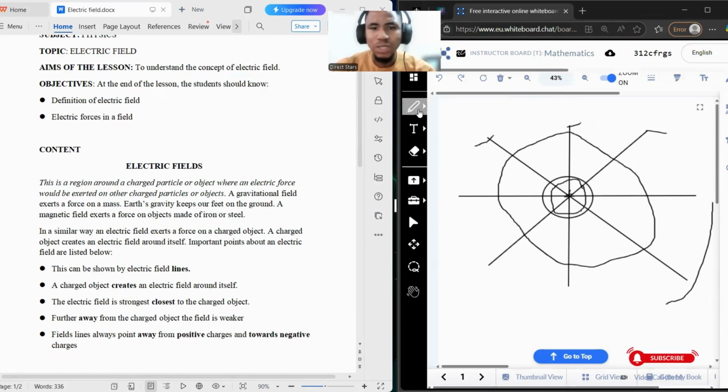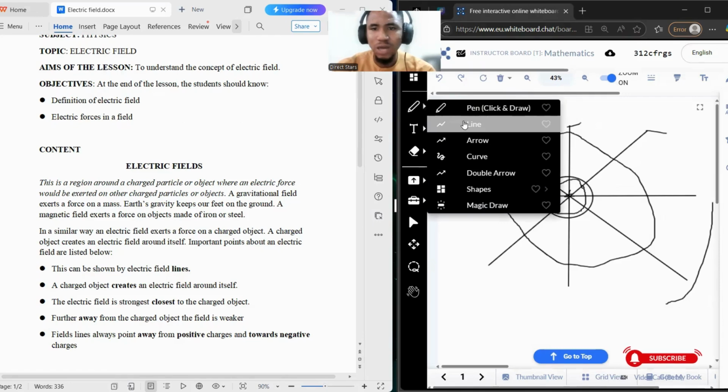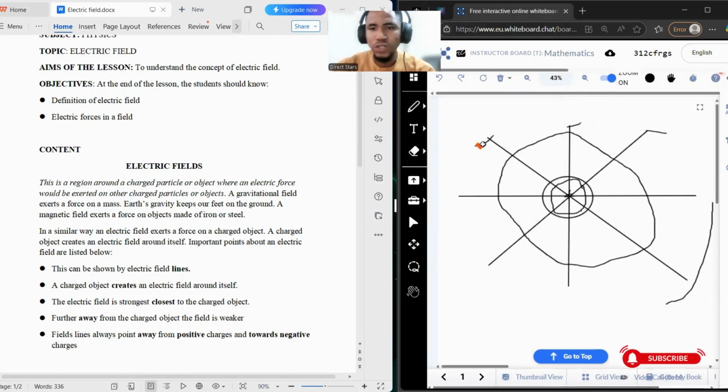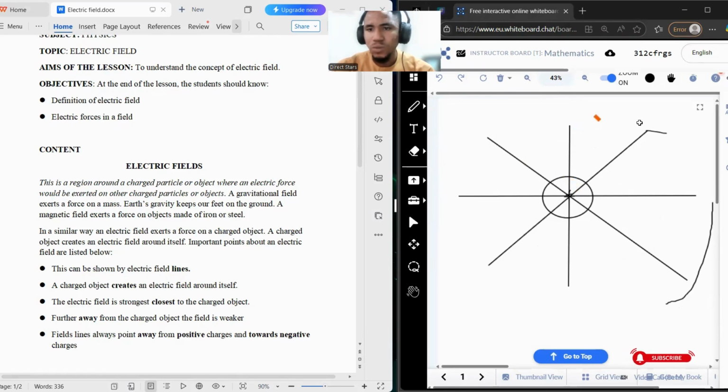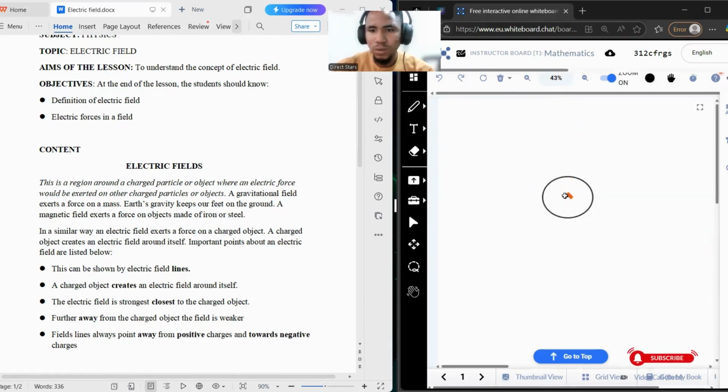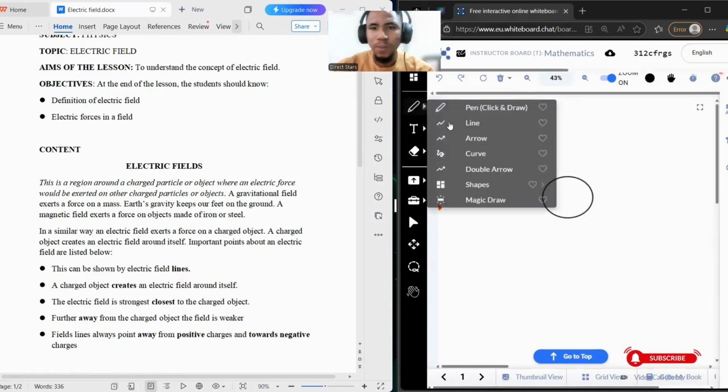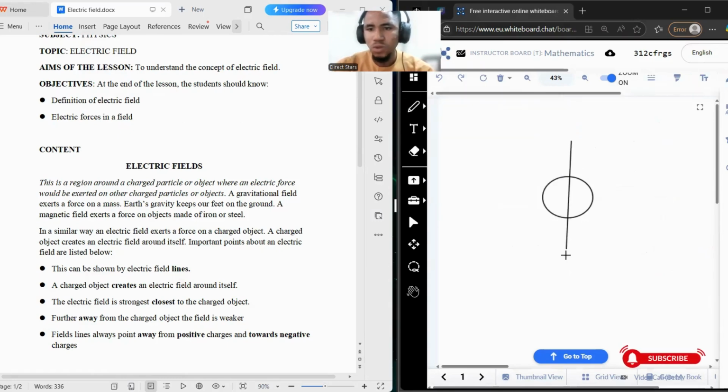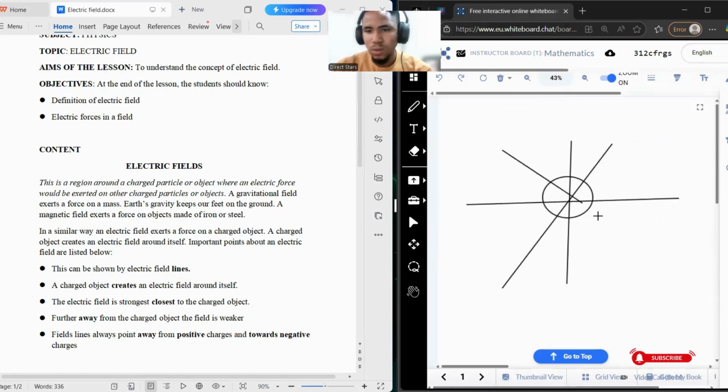What does that mean? That means positive charge and negative charge. This is how to differentiate positive and negative charge. In a positive charge, field lines always point away from the positive charge.